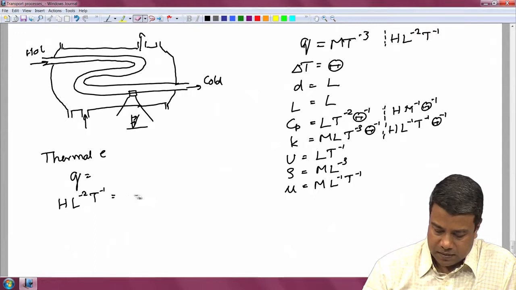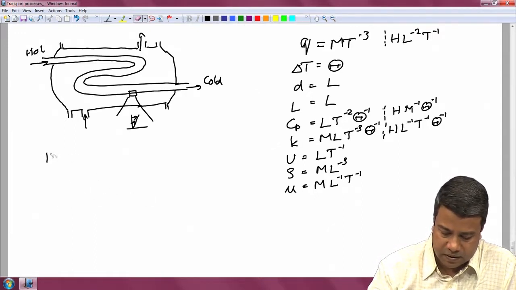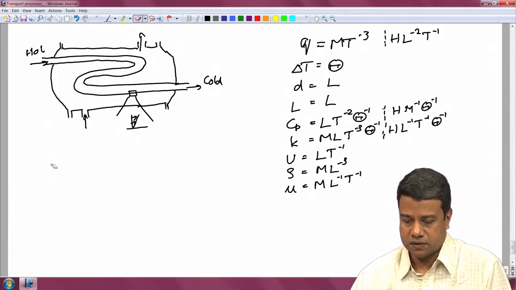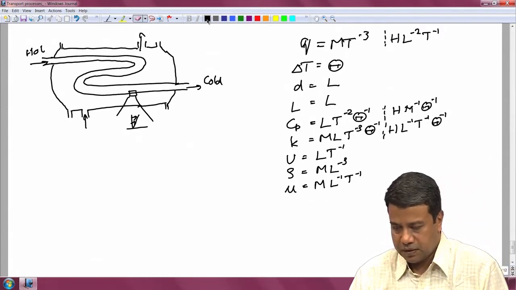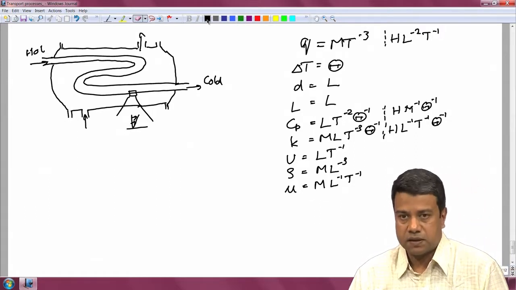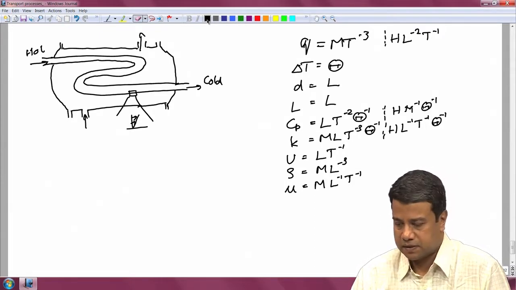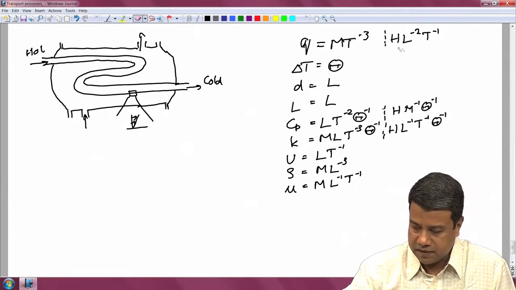So now in this modified scheme that we have, there are 5 dimensions. Therefore, there should be only 4 dimensionless groups. One of them is the dependent dimensionless group, which involves the average heat flux.